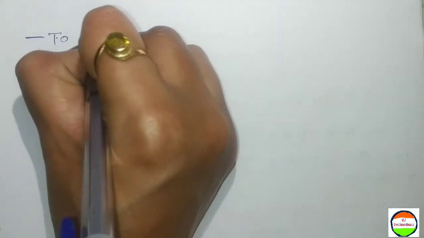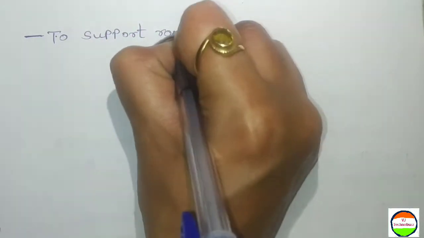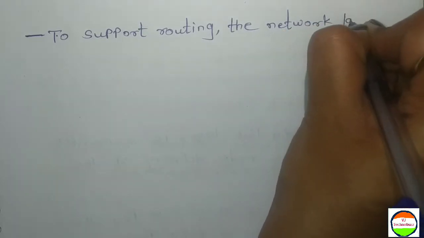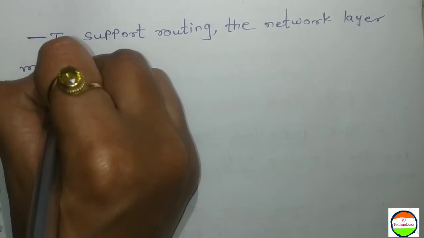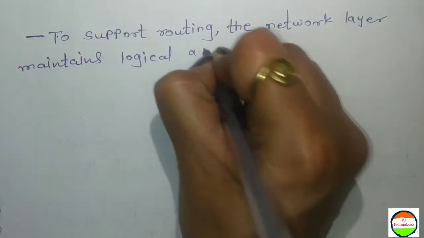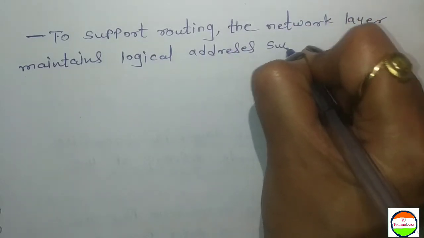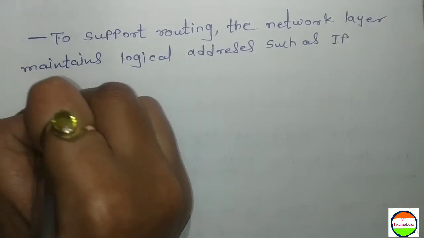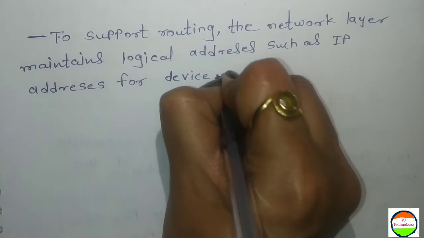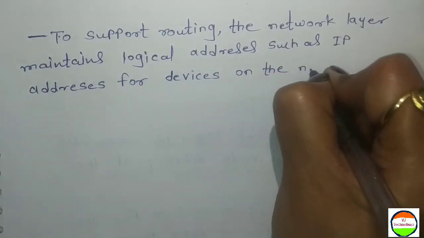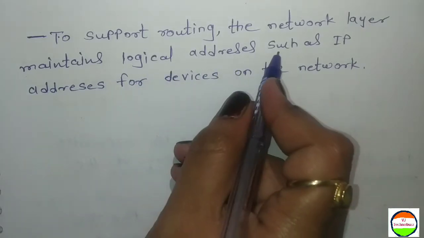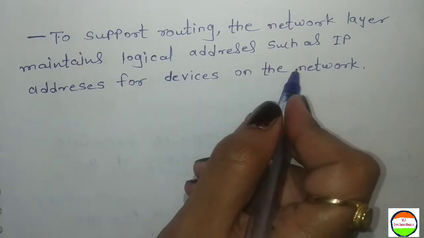To support routing, the network layer maintains logical addresses such as IP addresses for devices on the network.